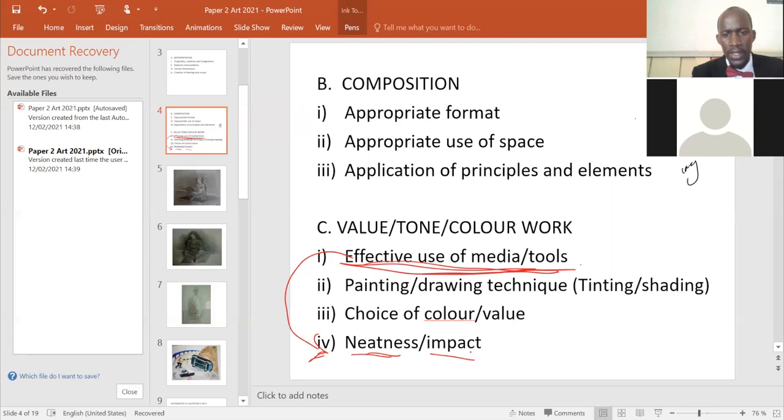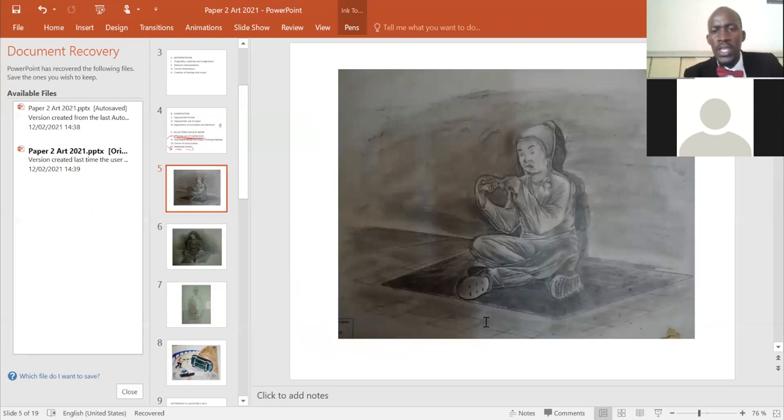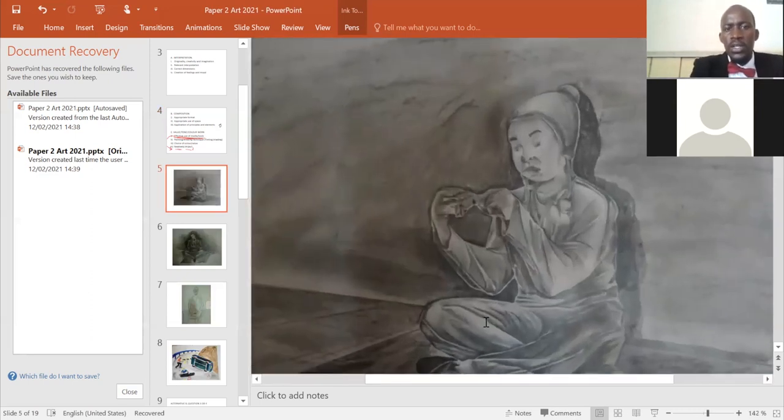Can you be able to use the color to create an impact? That is, can you be able to use that color to evoke a mood, emotion, or to show action? If you're doing pencil work, how well can you use the pencil work to create?